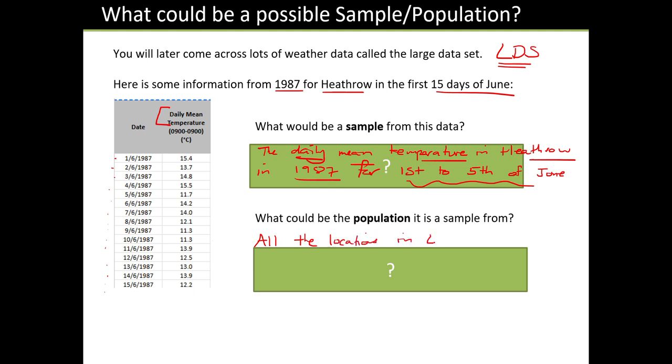And at the moment, you don't know what these are, and that's okay. But you could say multiple years in Heathrow. You could say multiple locations. The idea is we're trying to communicate that this is a smaller amount than the whole thing.